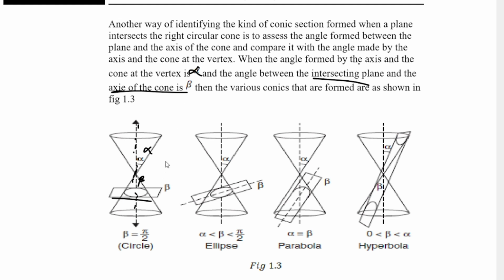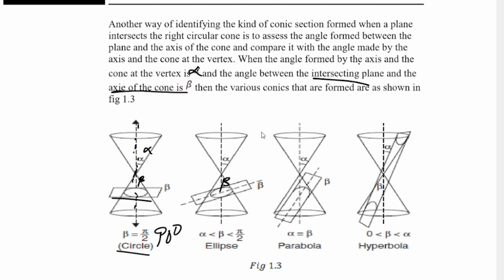In a case like what we have here, beta is half of 180, that is pi on 2, which is 180 on 2. So if the angle beta is 90 degrees, then that particular conic section is a circle.